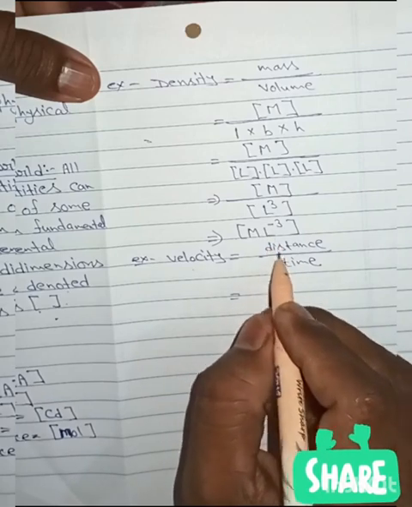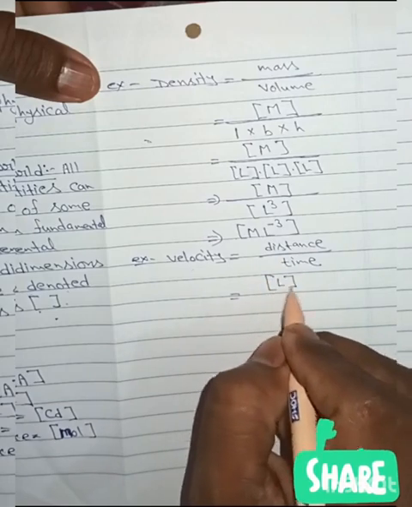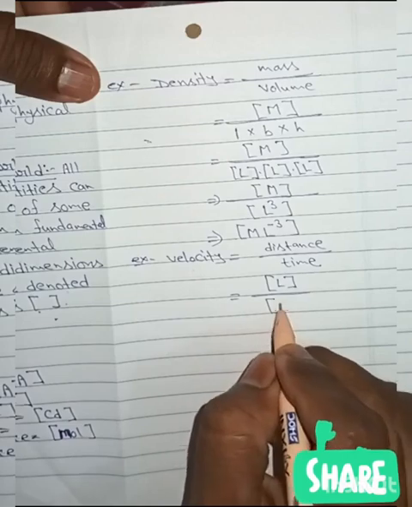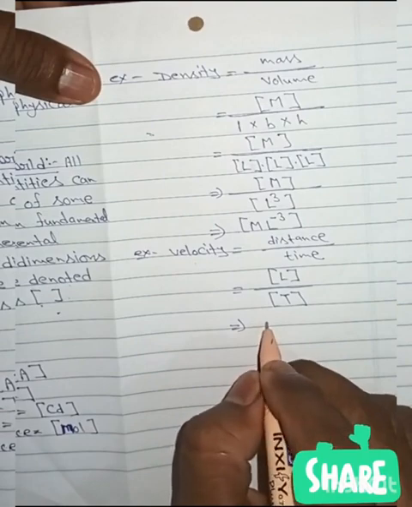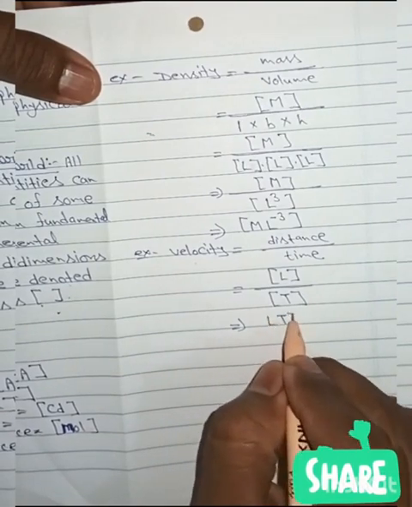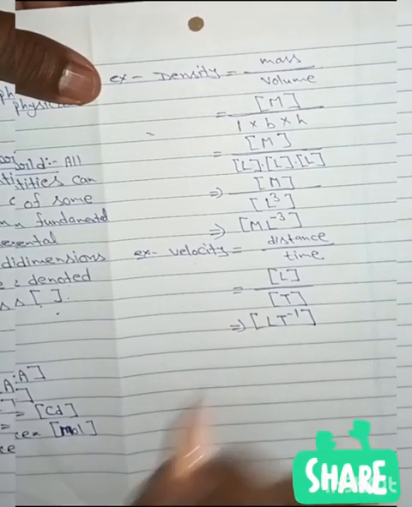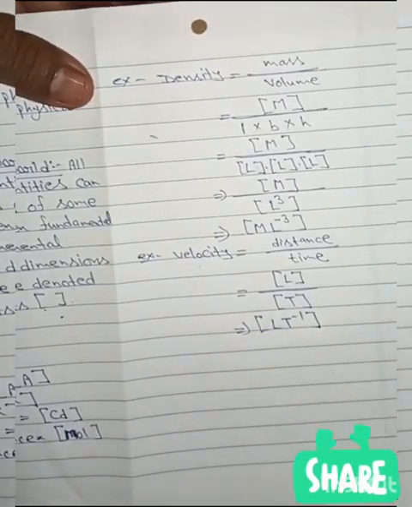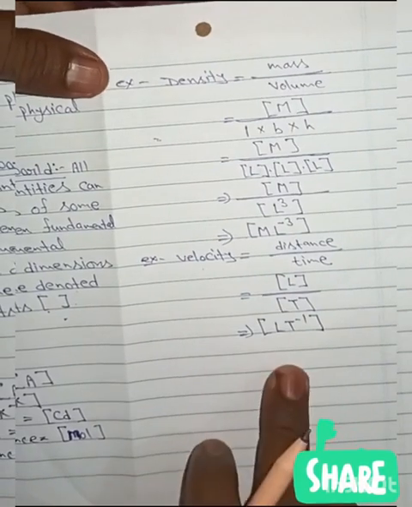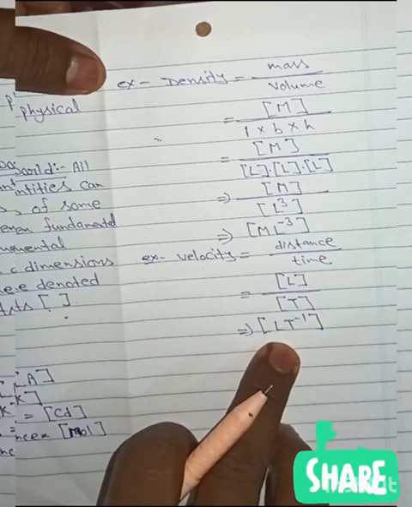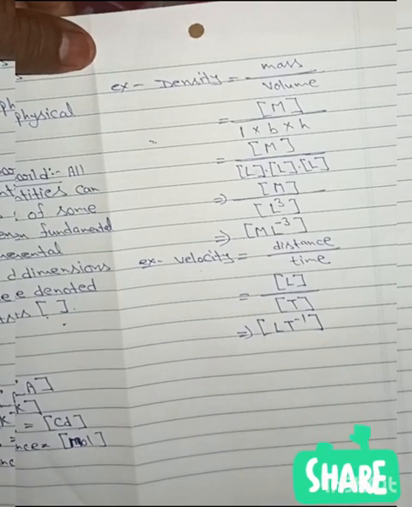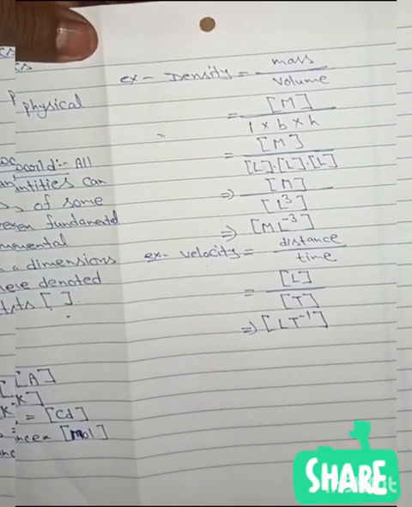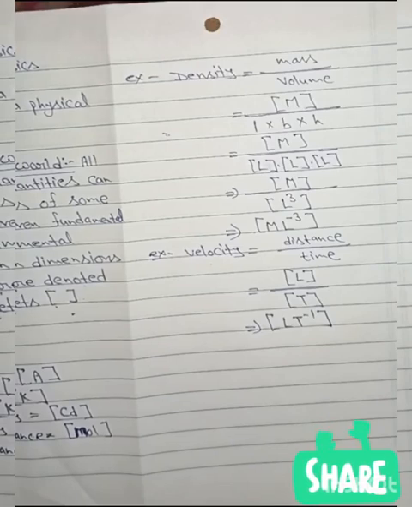The dimensional formula of distance is L, and the dimensional formula of time is T. So the dimensional formula of velocity will be LT^-1 in square bracket. So LT^-1 will be the dimensional formula for velocity or speed. It's clear to everyone. So I hope that you have understood this topic.